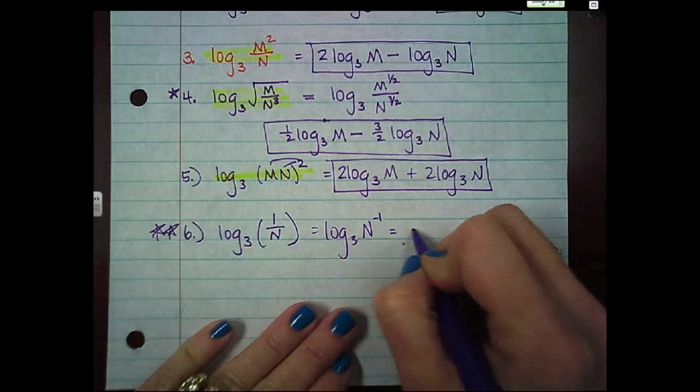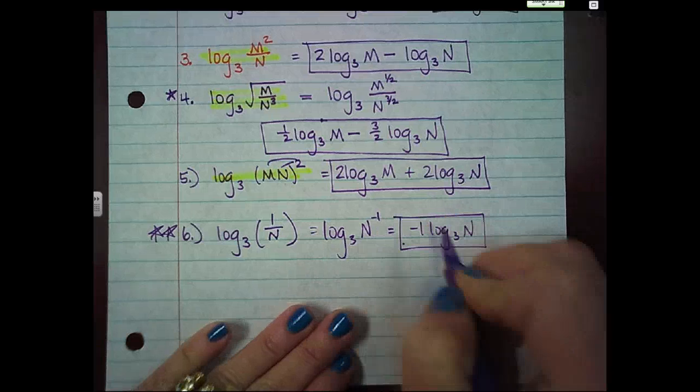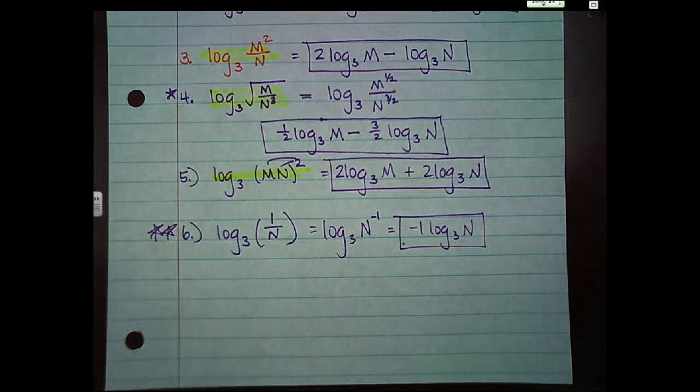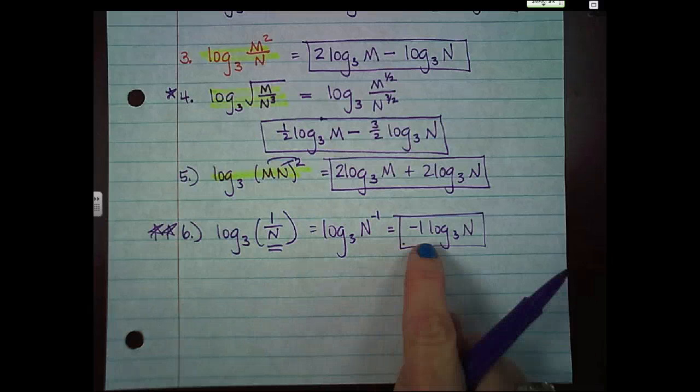So negative 1 log base 3 of n. If it looks strange and you're trying to expand it, rewrite it with an exponent. Do we have to write the 1? No, you can just do negative. She asked if you had to rewrite the 1 right here. No, just negative log is fine.